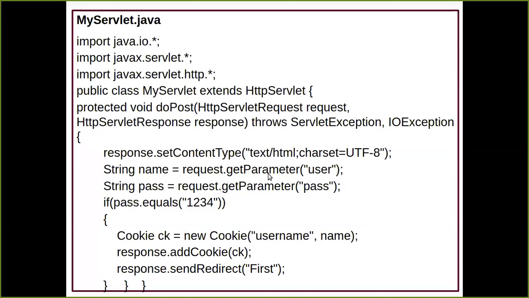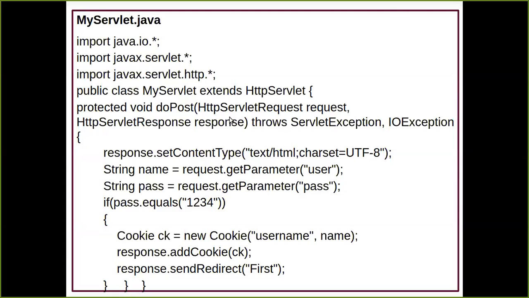And I told you yesterday also, whenever I have a get method, I invoke that get method, any get method, with the help of the request object. That request object comes from the HttpServletRequest interface, which I have created over here inside the doPost method.